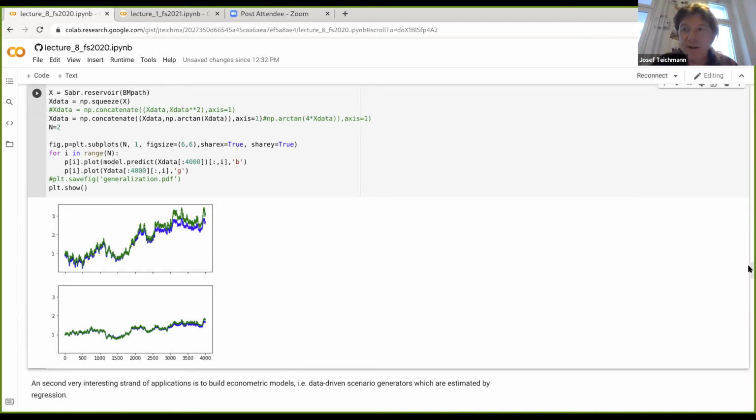Of course, this triggers some fantasies how to do time series analysis for high-dimensional systems in general.